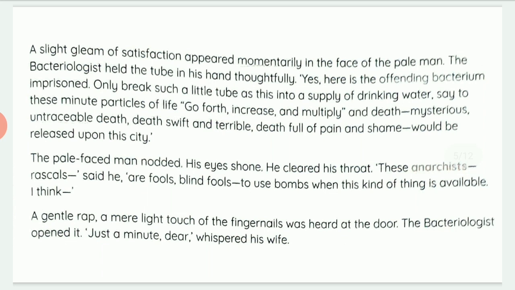These anarchists, rascals, said he, are fools, blind fools to use bombs when this kind of thing is available, I think. Over here, he criticizes the anarchists, calling them fools: why use bombs, or even atomic bombs, when such microorganisms can create havoc? While using bombs, the terrorists get arrested, they can be caught, but by using such microorganisms, nobody would come to know who has spread this, or be able to analyze the very origin of the thing.